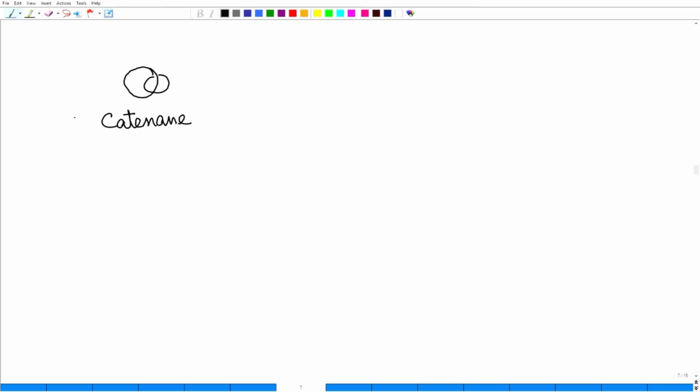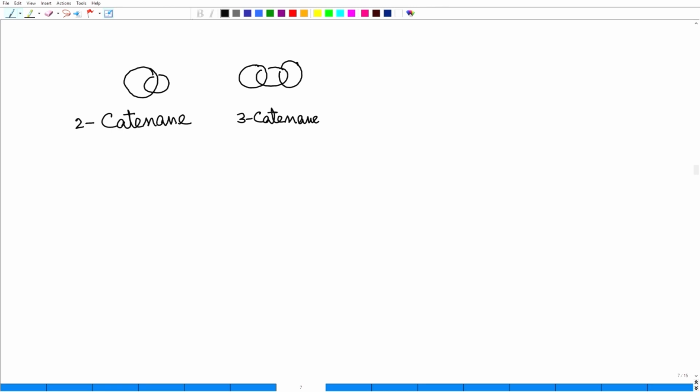Specifically, what I have drawn as a cartoon is called a 2-catenane. After the 2-catenane I can write 1, 2 and 3, so I can make a 3-catenane also.